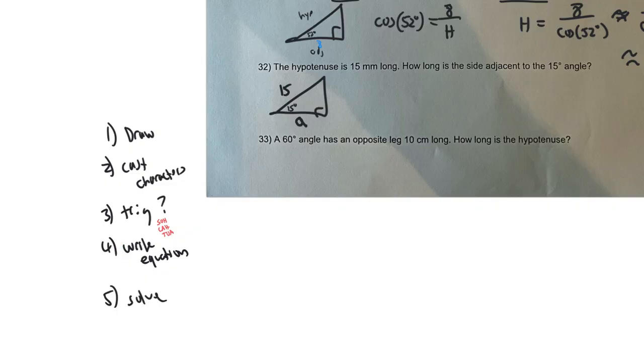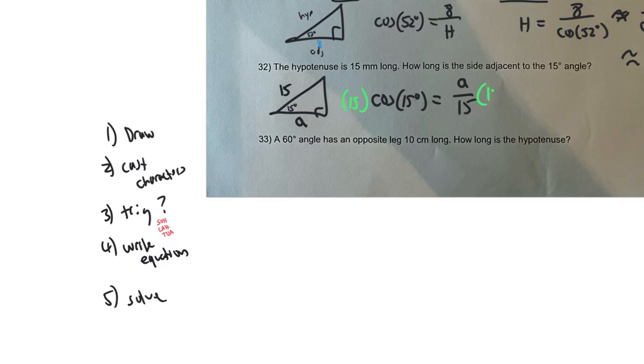Step number 4, write the equation. Okay, cool. Cosine of 15 is equal to adjacent, in this case it's A because we called it A, over the hypotenuse. Now this one we will not need the swapperino. You only need the swapperino when the variable's on the bottom and you swap it. The variable's on the top here, so all we have to do is multiply both sides by 15 right now.